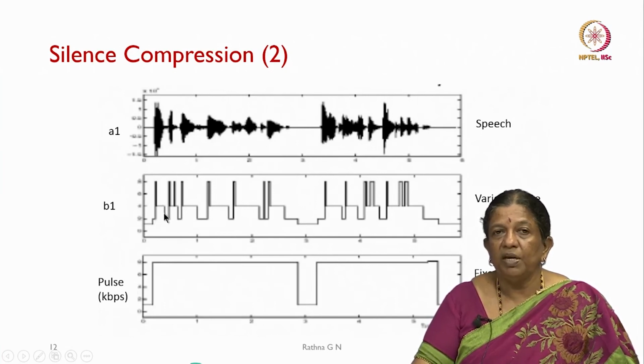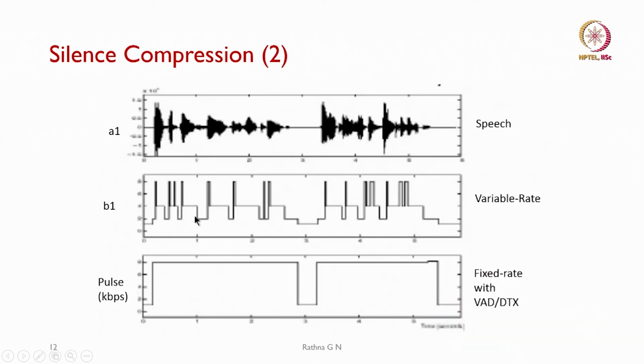You can transmit a 0 wherever the silence zone is, and at the other places the rate is variable, so the number of bits is very small for these places.